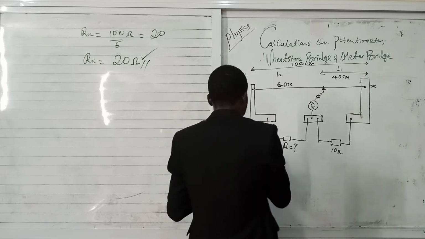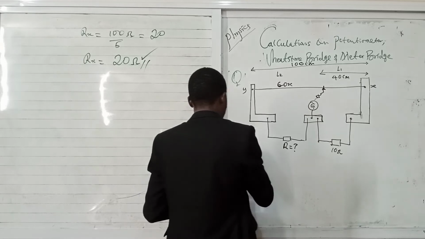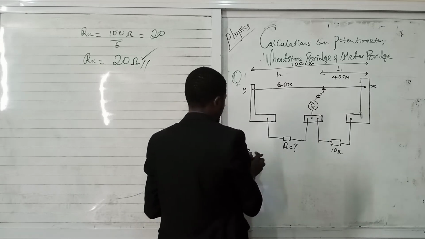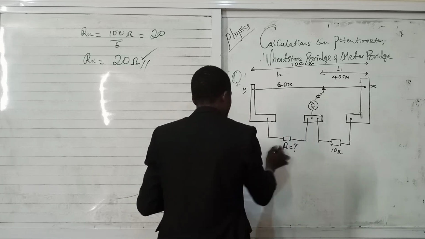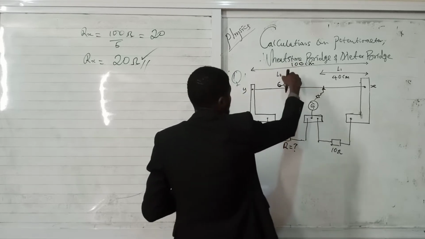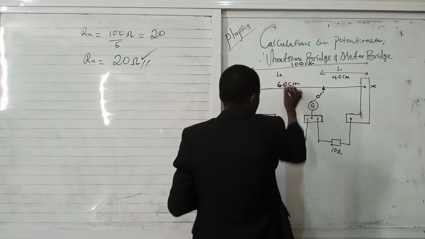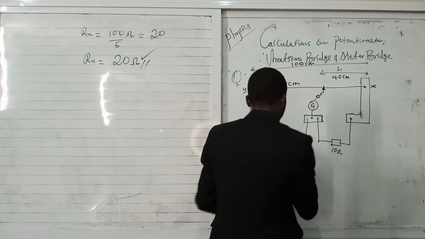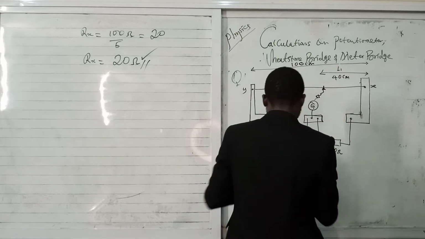So from the equation I gave us, it is simply R over L2 is equal to 10 ohm over L1.